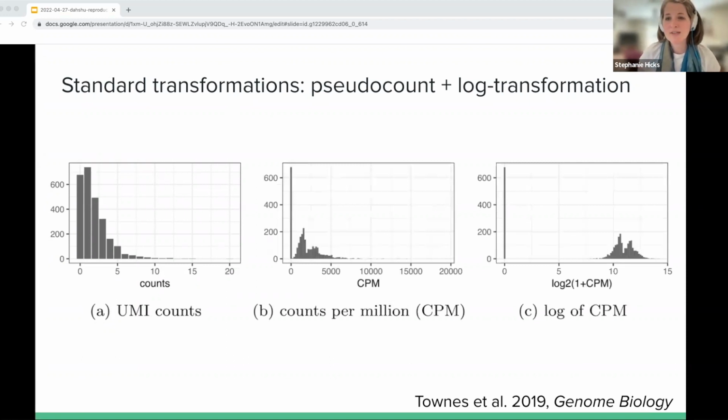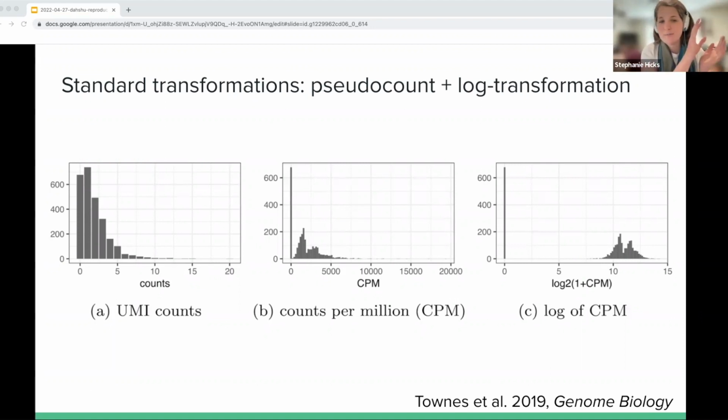Next, we take this distribution of expression shown on the left, and the first thing we do when we apply these standard transformations to put it into PCA is to normalize it. We take the counts for a given cell, sum them up, and divide every count in that cell by the total number of UMI, and then multiply by 1,000,000. That's called counts per million.